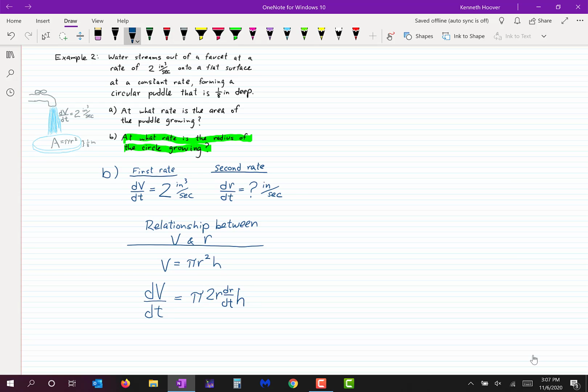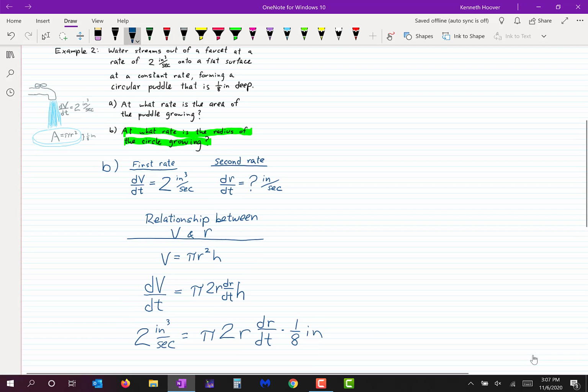So let's plug those in. 2 cubic inches per second equals pi times 2 times r prime times 1/8 of an inch. And we're trying to find r prime.